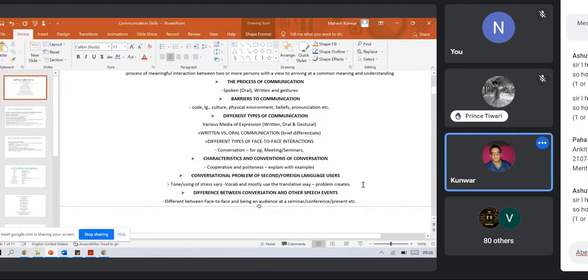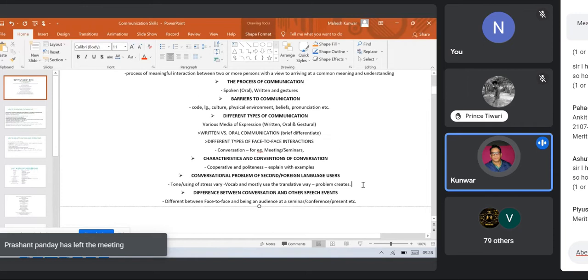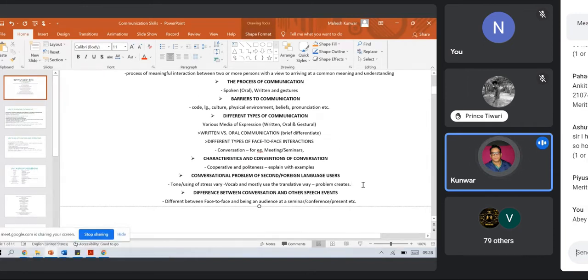Like if a person is speaking completely in Hindi, you would find the person very polite, because they are using exact Hindi words only, and you may have difficulty understanding what the person is saying.